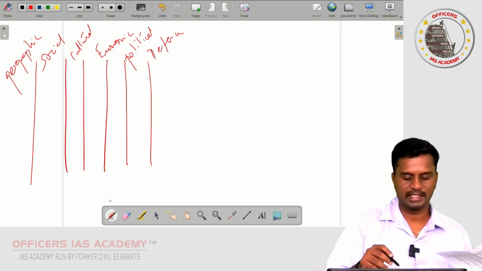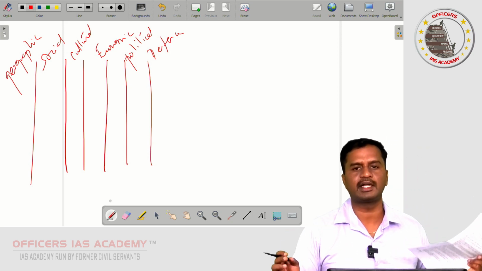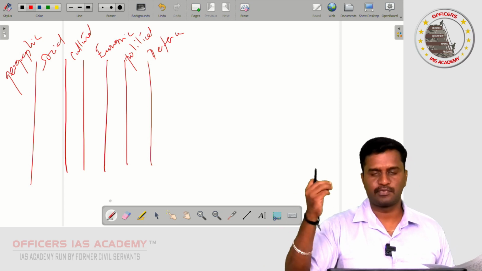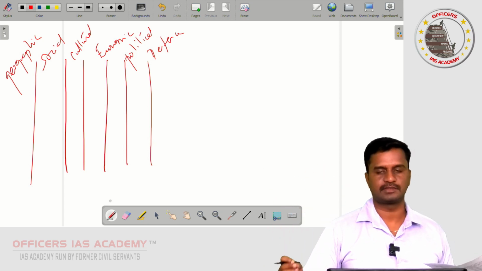These are the 6 dimensions under IR. When you study IR, ensure that you are studying across these dimensions and use this framework also to write answers.